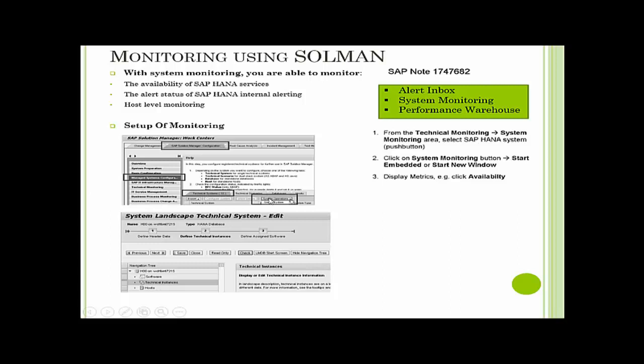There we have to drop down and then create a system, and this will take us through a guided procedure where we have to provide different inputs, and then we have to complete this procedure.